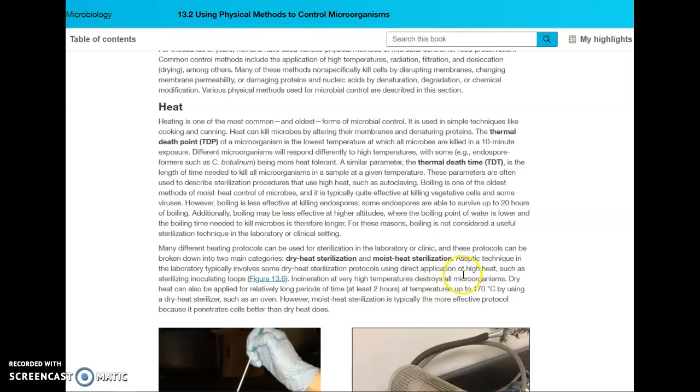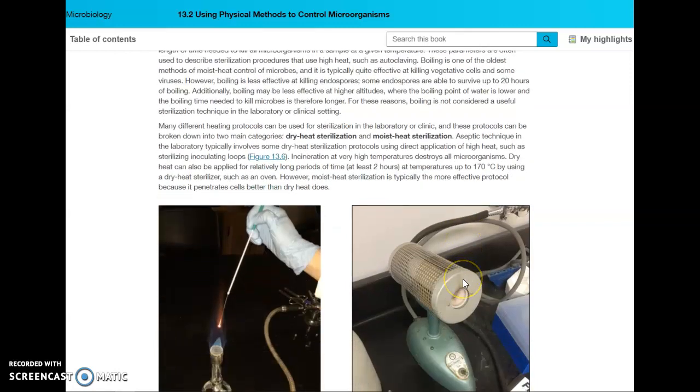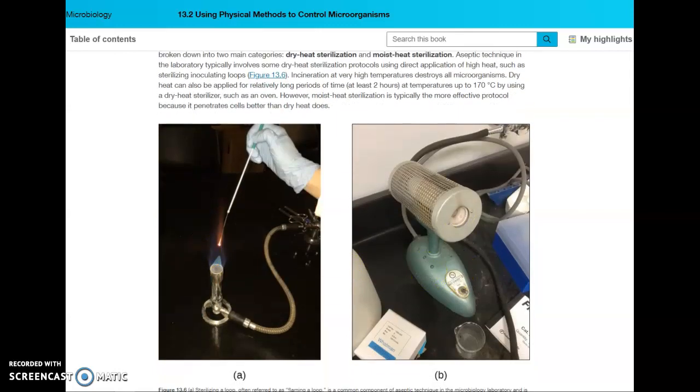When we look at heat, we can use dry heat or moist heat. Dry heat would be like we do with our loops. Moist heat is when we use steam. So this would be like what happens in an autoclave, for example.